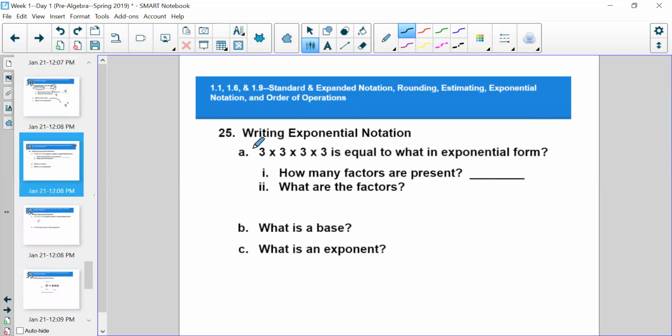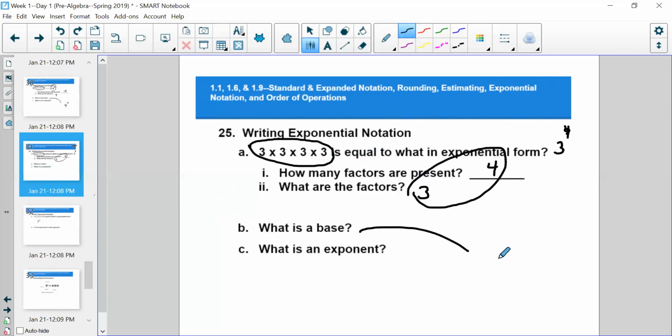Here you've got 3 times 3 times 3 times 3. So 3 is being multiplied. That exponential form would end up being 3 raised to the 4th power, because there are four 3s there. How many factors are present? There's 4, and the factors are 3. So you can see how it builds on itself when you ask how many factors and what the factors are.